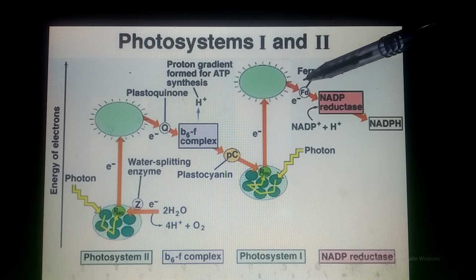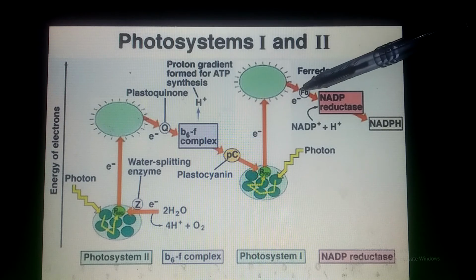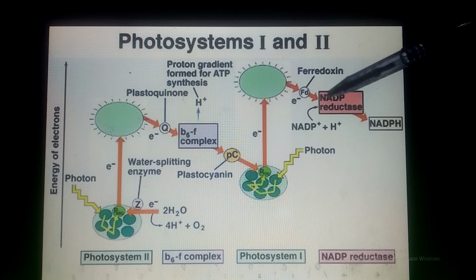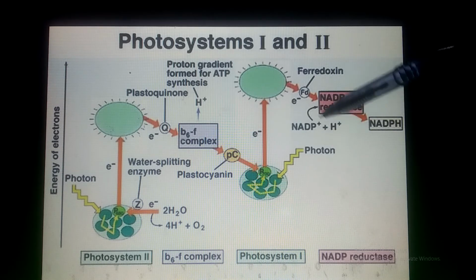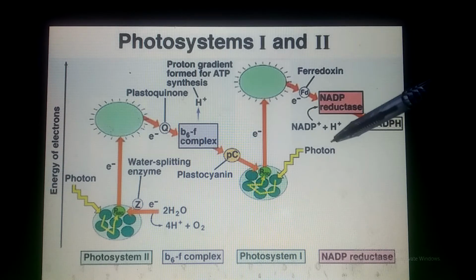ferredoxin accepts these electrons, and then from the ferredoxin these electrons move towards the NADP. NADP receives these electrons and protons which are moving along the thylakoid membrane, and this NADP is converted into NADPH.